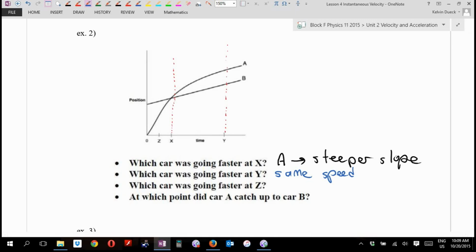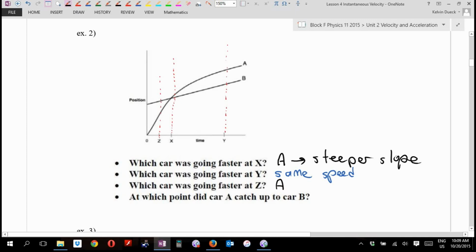Which car is going faster at time Z? A? Steeper slope?